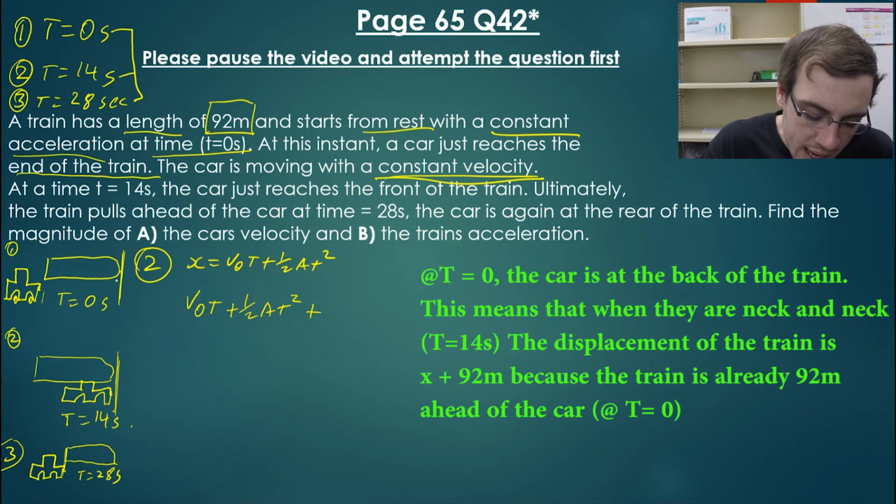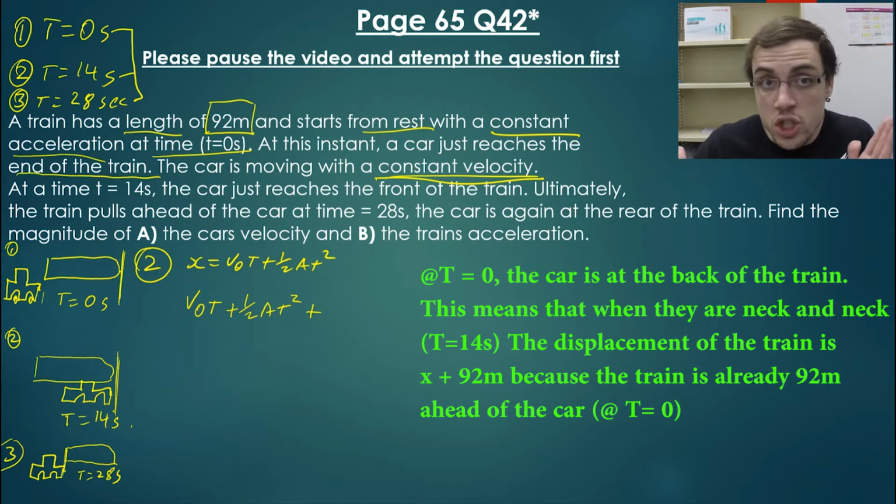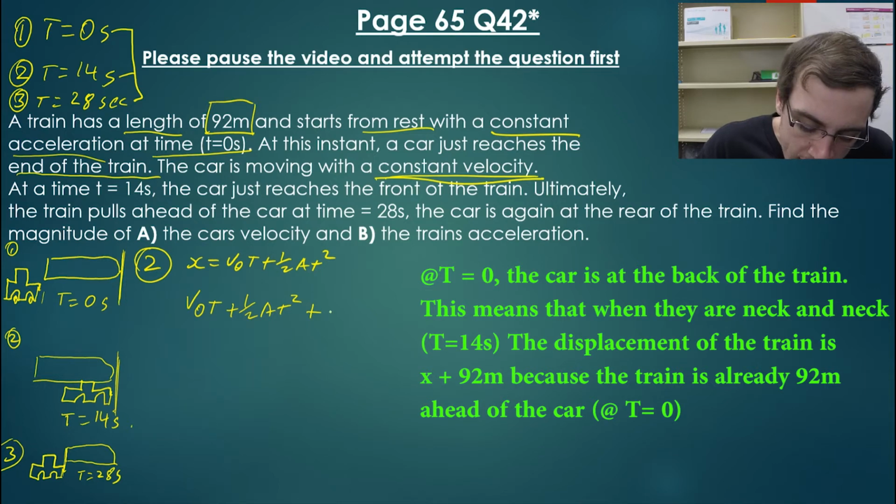The car technically has traveled the same distance that the train has, in addition to that 92 meters, which is the overall size of the train. So we need to add 92 meters onto here. This part tells us the total displacement for the train.